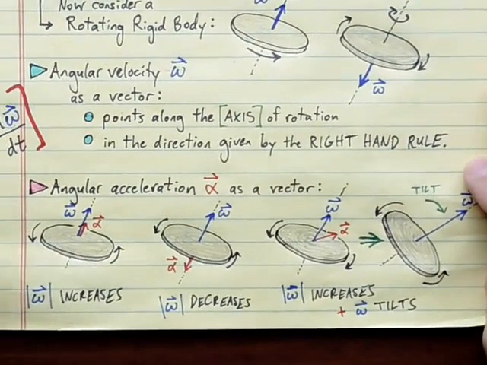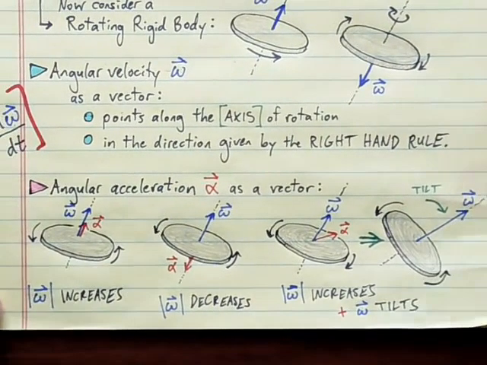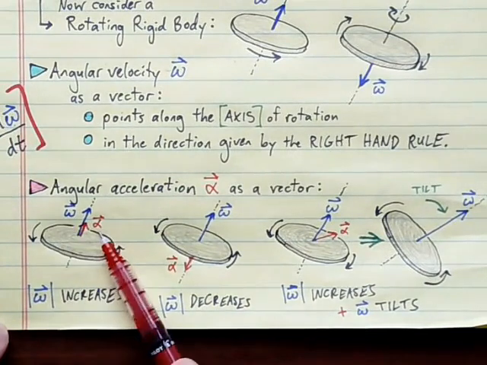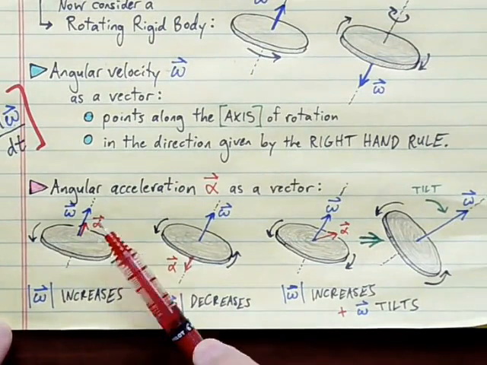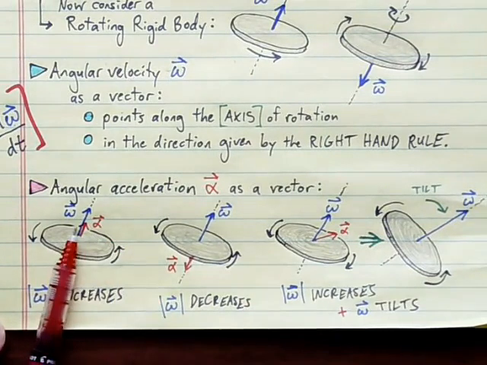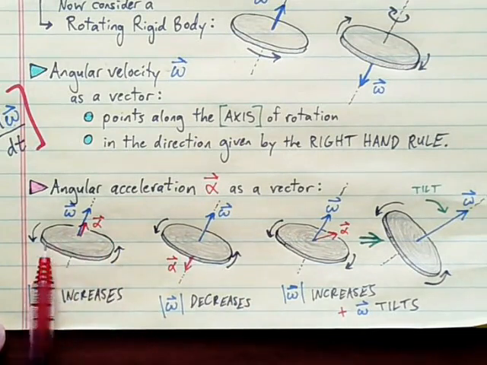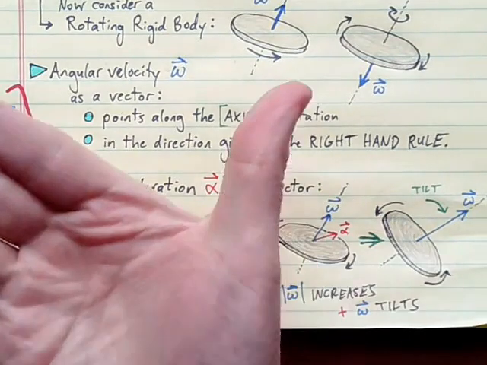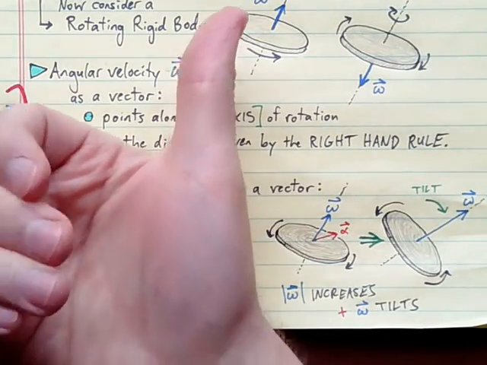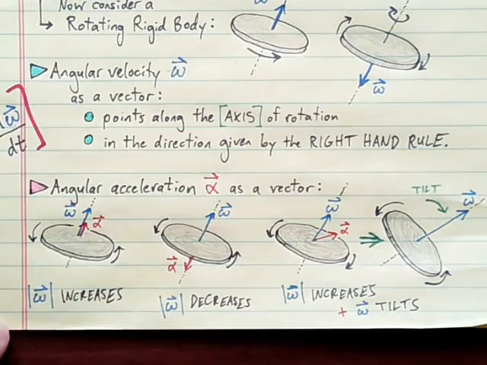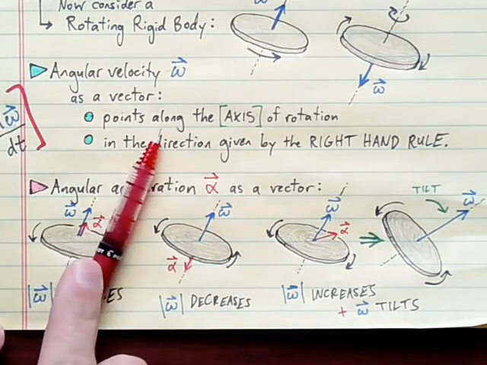Here are several possible relationships between your angular velocity vector omega and your angular acceleration vector alpha, if they happen to be pointing in the same direction. We see this disk rotating in this direction. Grab that axis with your right hand, curl your fingertips in the direction of the rotation, thumb points in the direction of omega. So omega is pointing up in that direction along the axis.